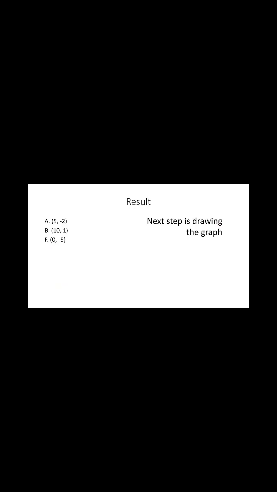The points that lie on the linear equation are point A, point B, and point F. I also added the points that do not lie on the linear equation just to show you which of these points lie or do not lie on it.